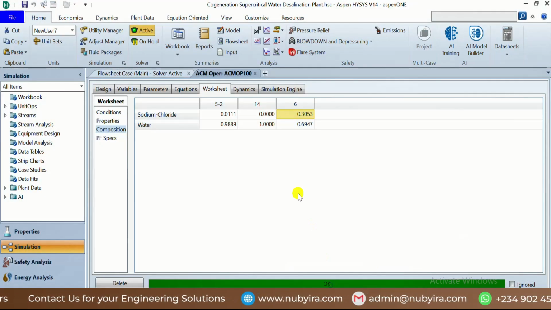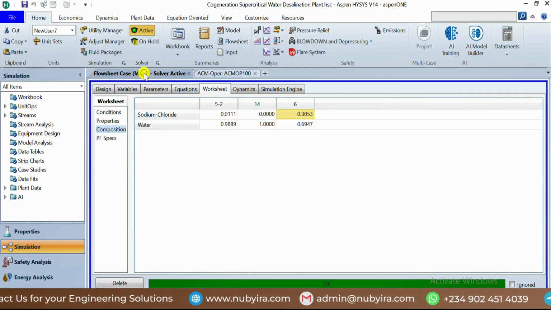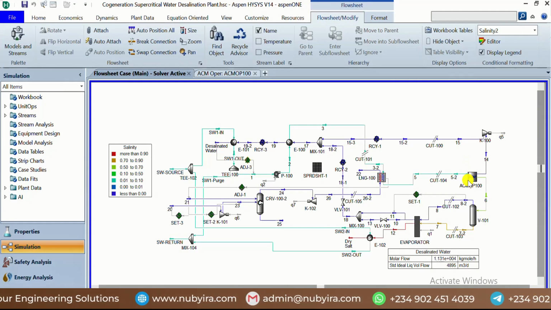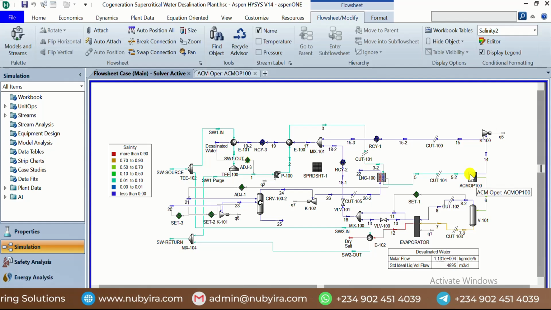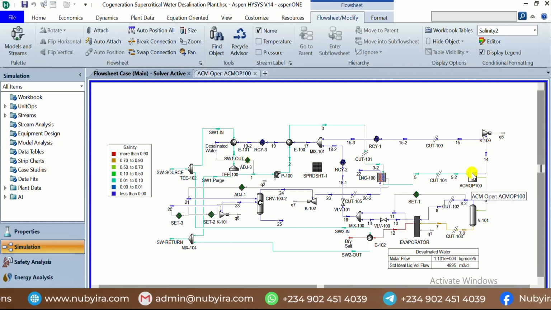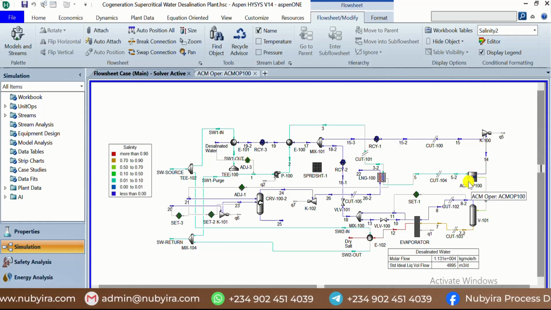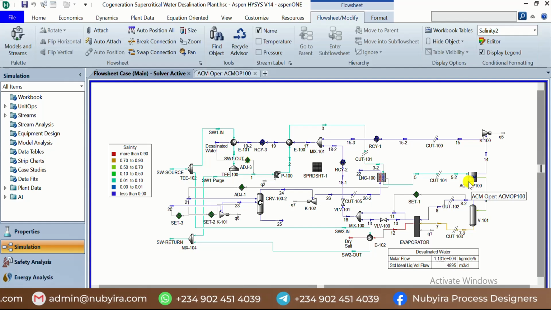Then the problem with using the salt is, you can see this is not a typical separator. I had to create this separator from scratch by myself, using Aspen Custom Modeler to create the model for it.